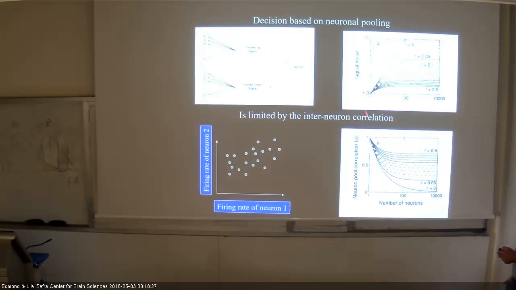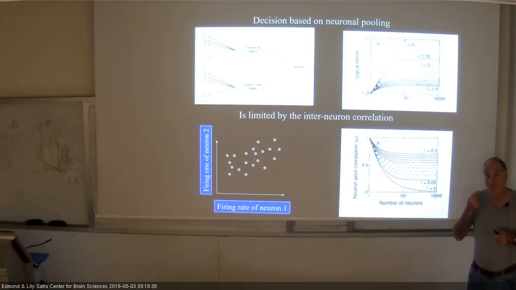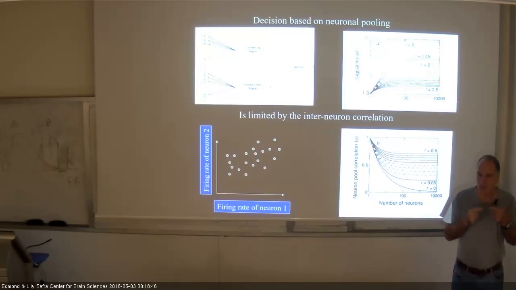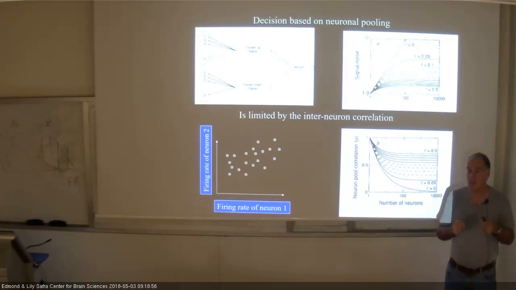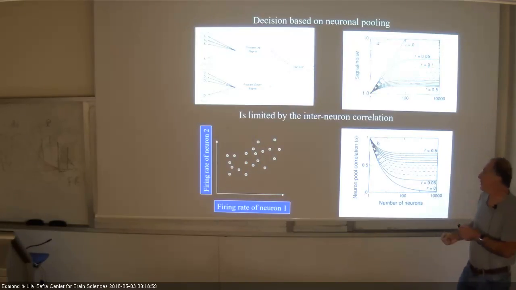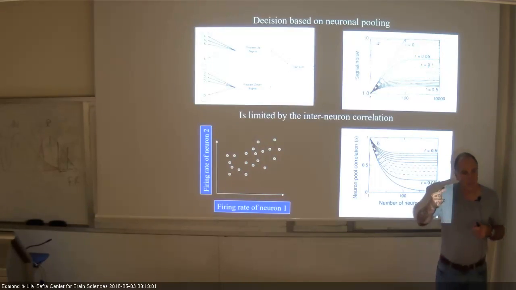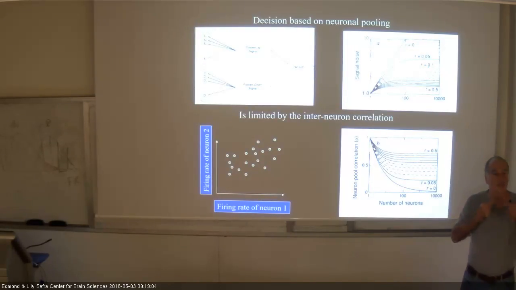The other thing that I mentioned last time was that if there's a correlation between the individual neurons, you can also understand why the individual neuron has an effect on decision. The idea was that they're all correlated. To put this in an artistic way, think about them fluctuating. What does it mean that they're correlated? They're fluctuating together. If one neuron's firing rate is pointing to the preferred direction, the other neuron also tends to be doing the same thing.